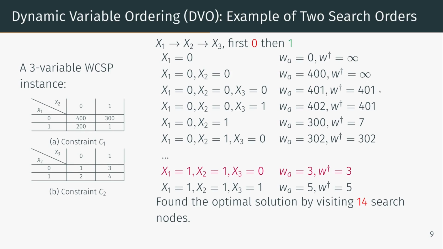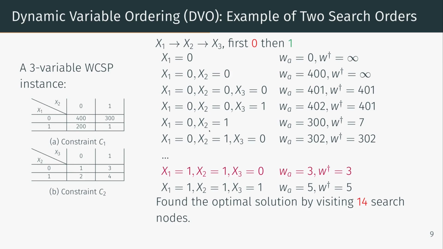So W dagger is now updated to 401. And we backtrack to x2 equals 0 and make the next assignment of x3, which is x3 equals 1. So now we look at the table again. We have WA equals 402 and W dagger is 401. Because 401 is smaller than 402, we don't change that.